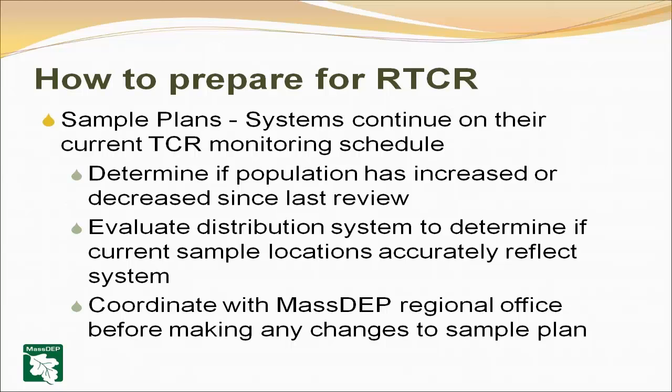There are charts within the regulations that describe your population and what your minimum sampling should be, and as Kevin pointed out, it's important to note that's the minimum. Based on the configuration of the distribution system, MassDEP may require additional locations be sampled within your system in order to protect public health.